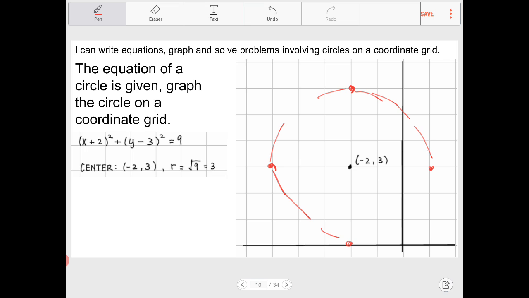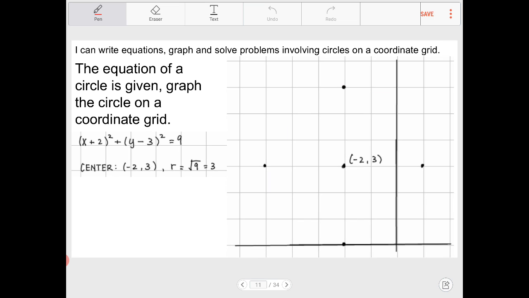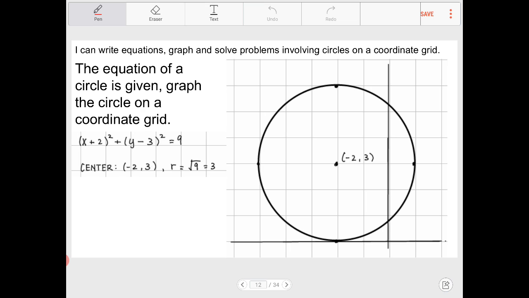Again, if you don't have a compass handy. That's not bad, right? Of course, I have computer software so I can draw a perfect circle. But if you don't have that, let's say you're taking a test, you're doing something for the Regents, then making a sketch would be the way to go.